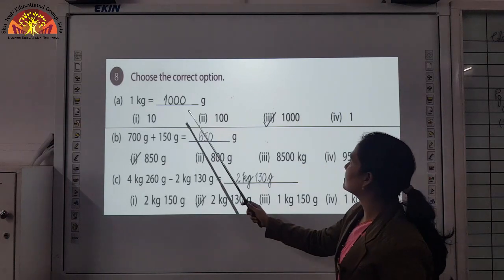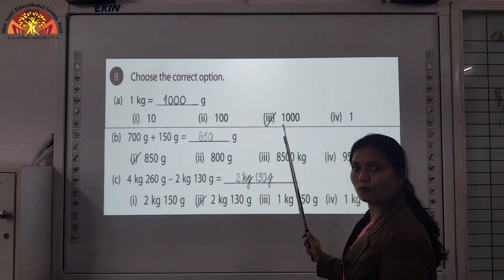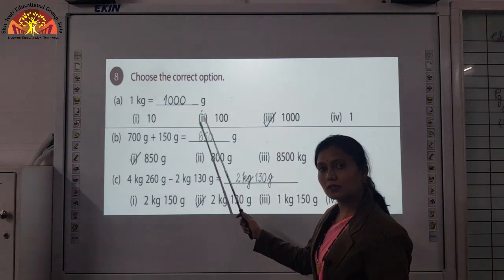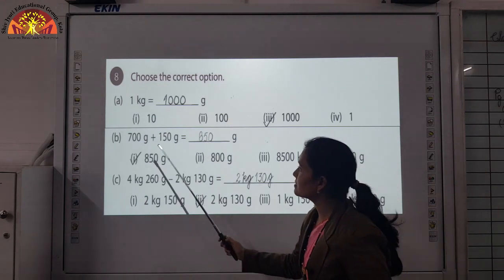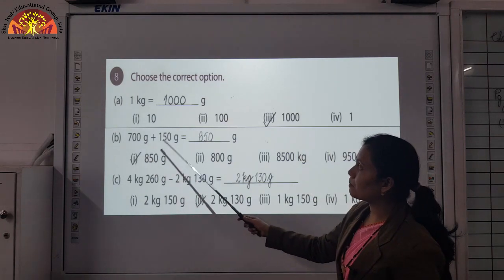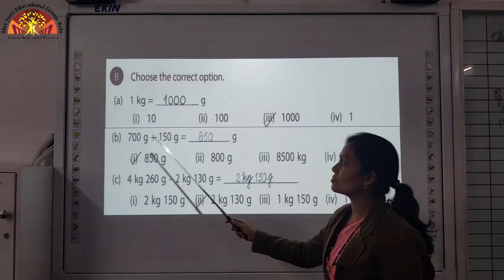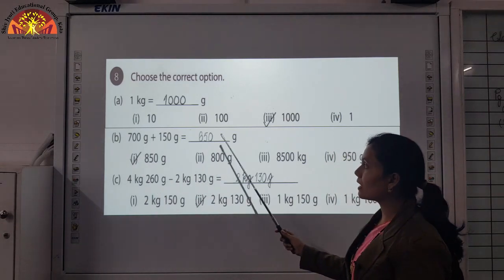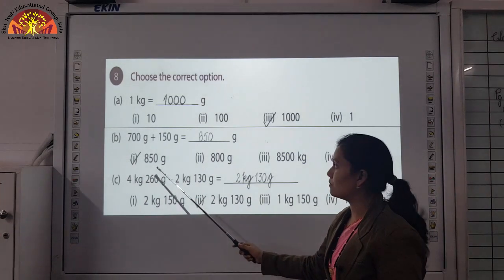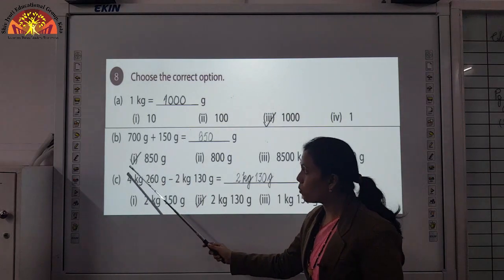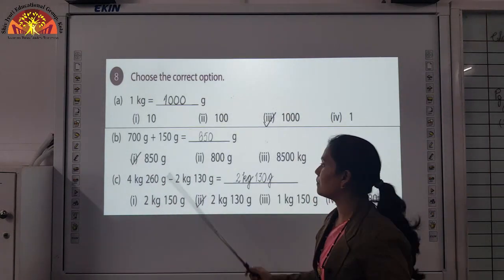So our correct answer is number 3, 1000. 1 kg is equals to 1000 gram. Next, 700 gram plus 150 gram. So 700 gram plus 150 gram is 850 gram. So our correct answer is 1, 850 gram.